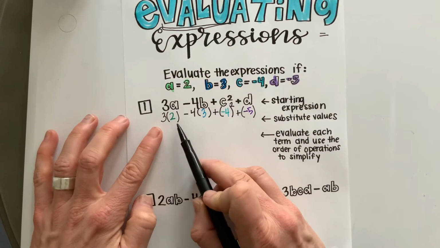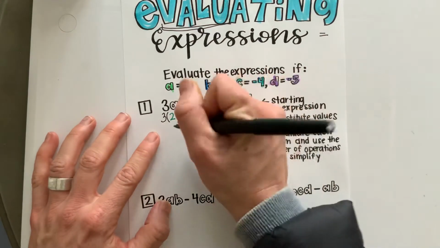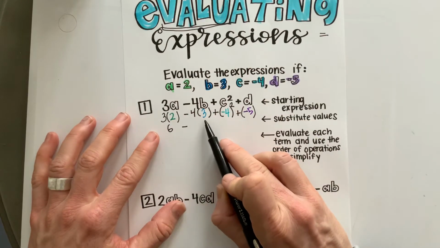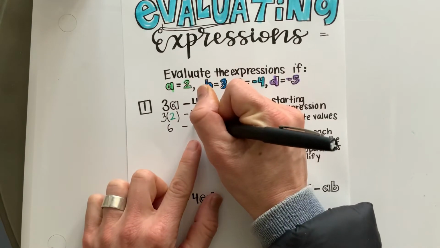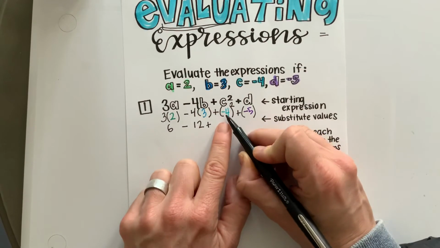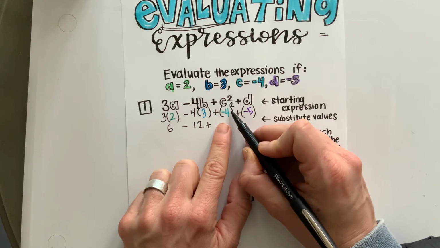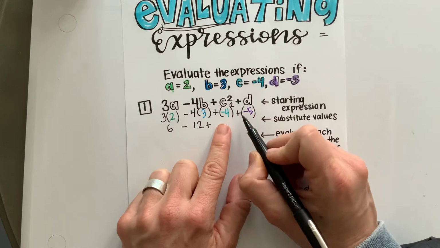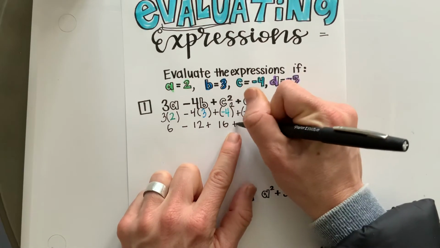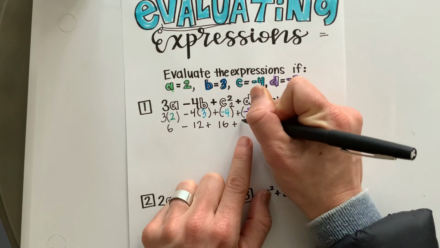So 3 times 2, or 3 groups of 2, that one is 6, minus, and then we have 4 times 3, which is going to be 12, and then plus, and then I'm going to bring down my -4 squared, so that means -4 times -4, and we know a negative times a negative is a positive, so I'm going to bring down my 16, bring down my plus, and then I have -5, which I'm just going to bring down as is.